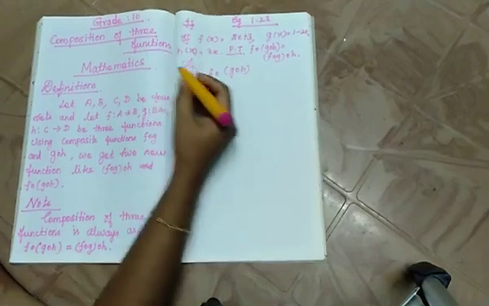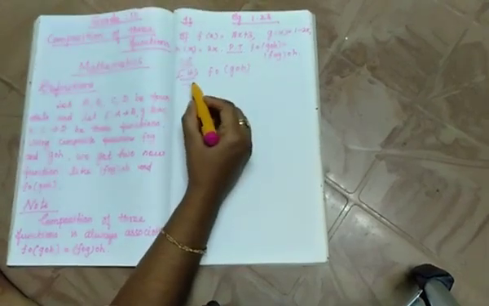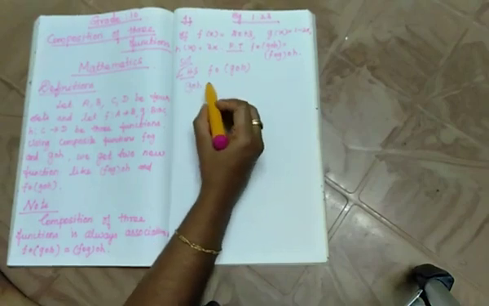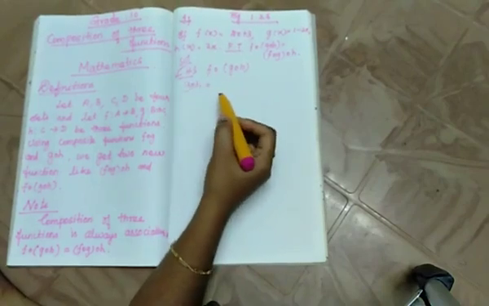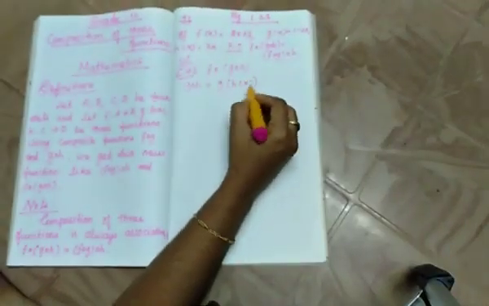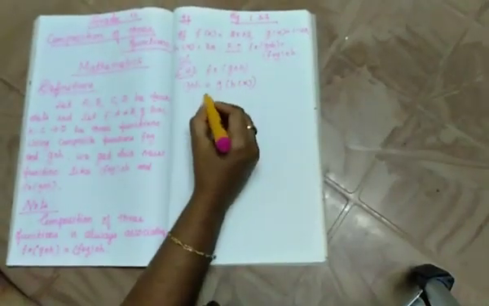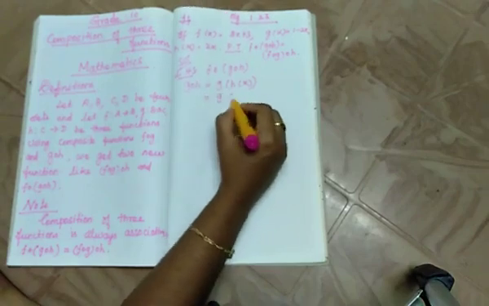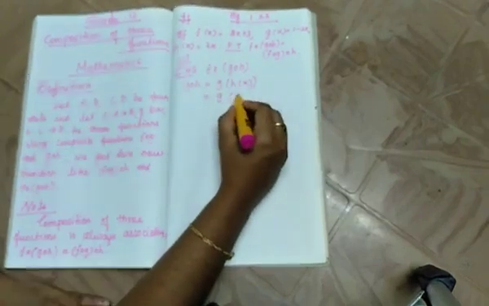First do what is inside the bracket. So g of h, as this is the composition of two functions, we can write it as g of h of x. Which is equal to g of, what is h of x? 3x.